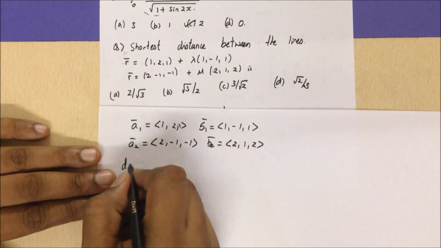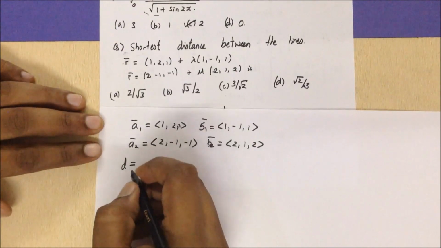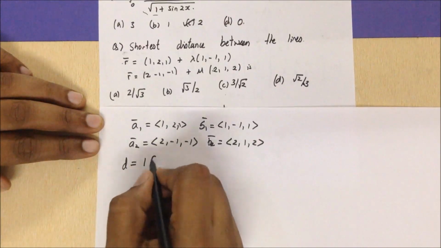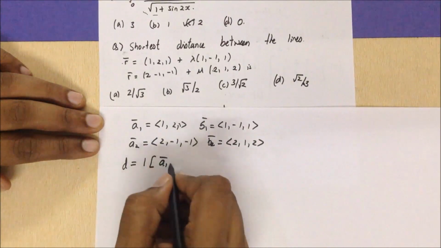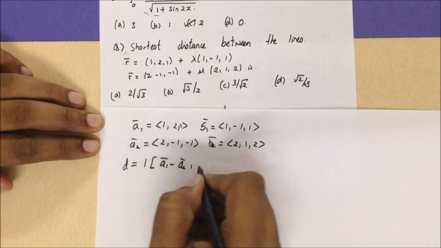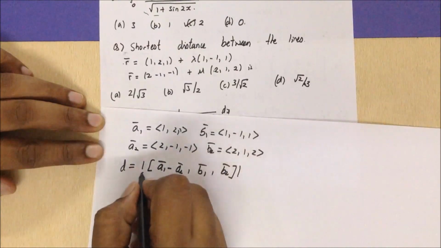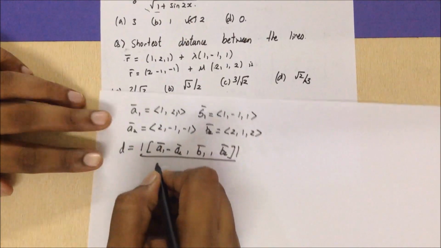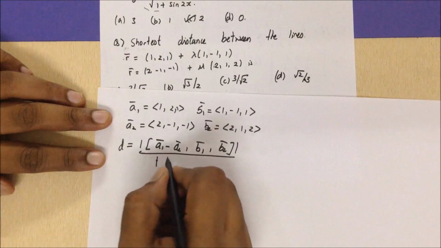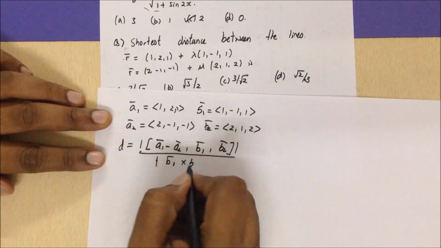So I can use the formula for my shortest distance, that is d equals magnitude of box product of a1 bar minus a2 bar, comma b1 bar, comma b2 bar, divided by magnitude of the cross product of b1 bar cross b2 bar.